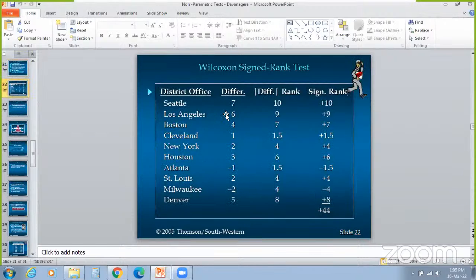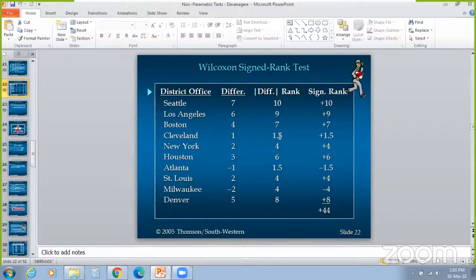So related to our example, this is the difference between the time taken by the two services for Seattle. For Seattle, the number of hours taken by them differs by 7 hours. And we have to rank these differences.